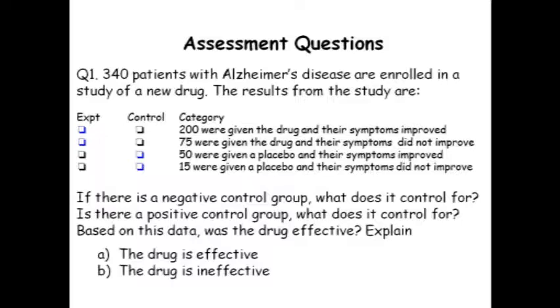Then we asked the students, is there a negative control in this study? What does it control for? Is there a positive control? What does it control for? And then we asked them if this drug was effective.